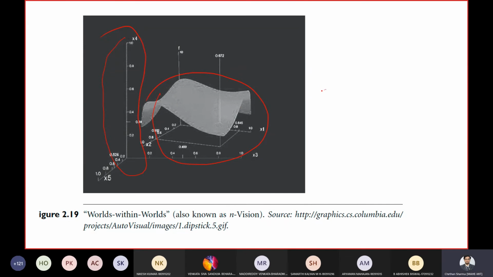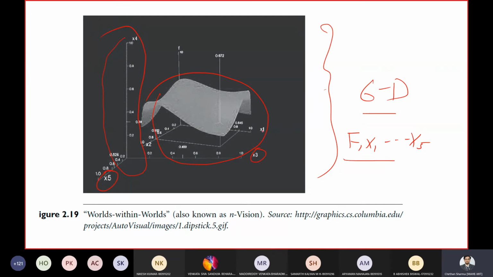Okay. So in this graph, we are trying to visualize a 6D data set, a 6-dimensional data set, where the dimensions are f, x1 till x5. You can see x5 is here, x3 is here, x1 is here, x4, x2, and f.